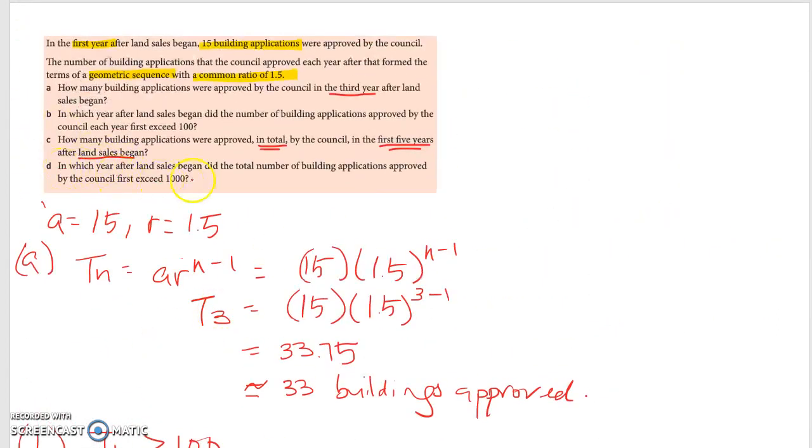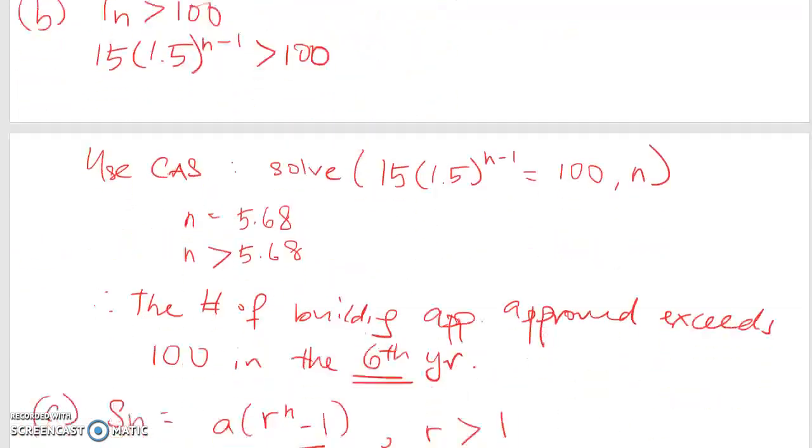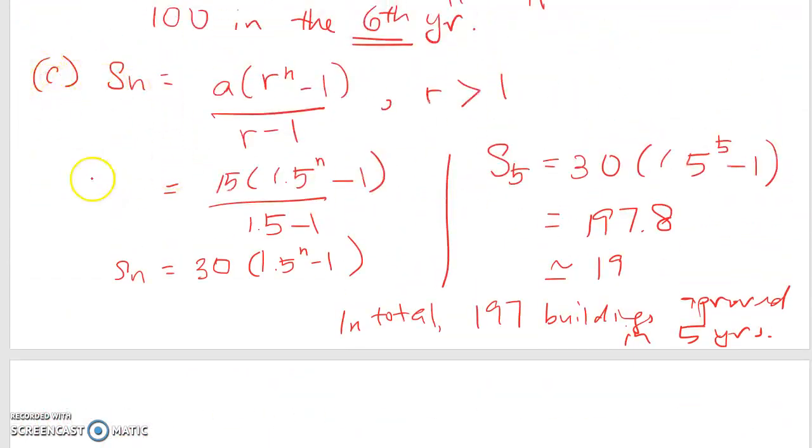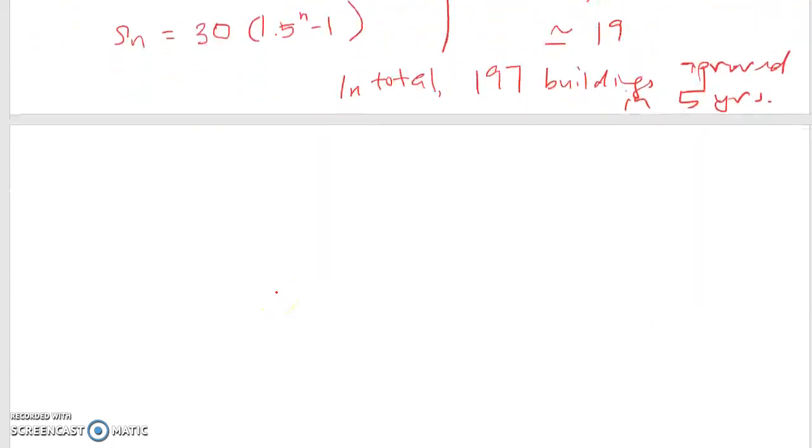Let's look at part D. In which year, after land sales began, did the total number of buildings approved by the council first exceed 1,000? They want us to find the total number exceeds 1,000. So we're going to look back at our Sn equation here. This is our summation or series equation, and we're going to use this.